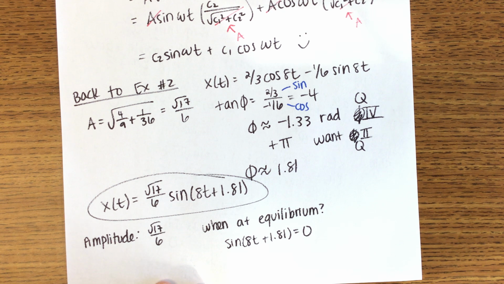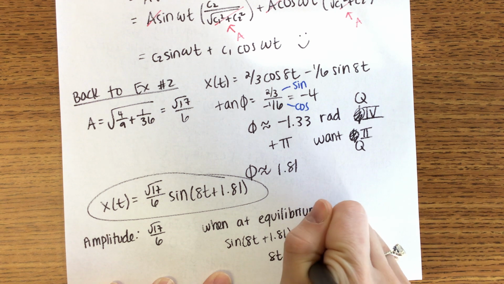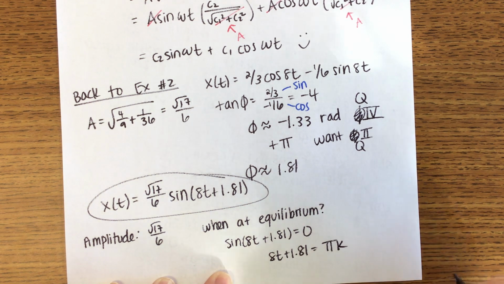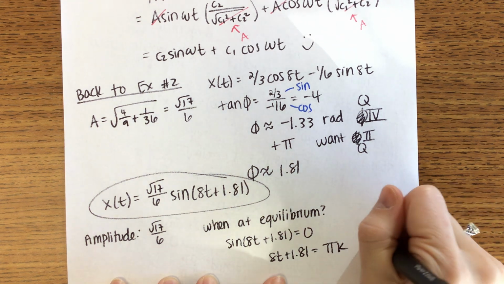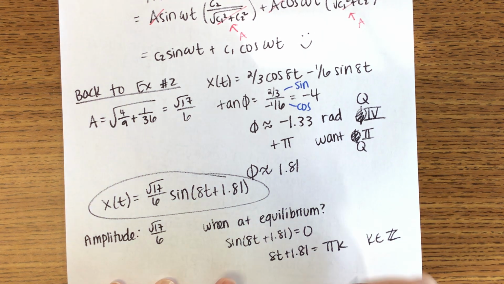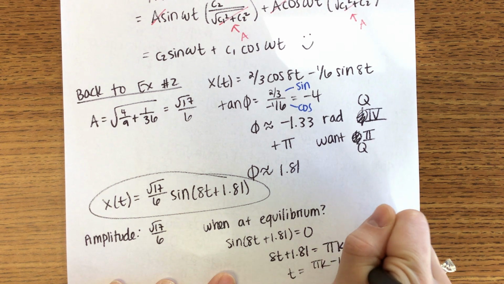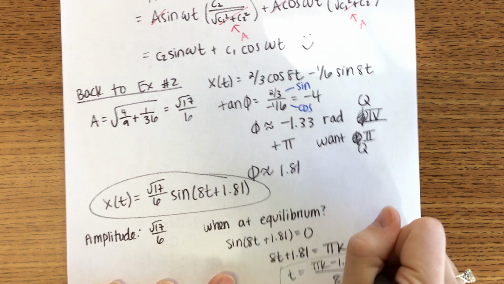When is sine equal to 0? Zero and pi, but remember we want all the times. So it's really at pi k, where k is an integer. So our t ends up being pi k minus 1.81, over 8.